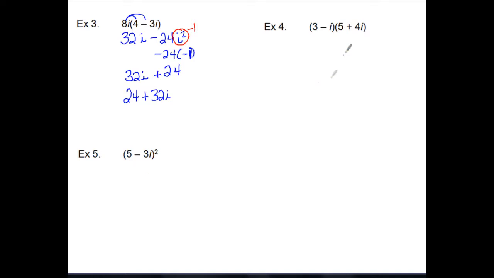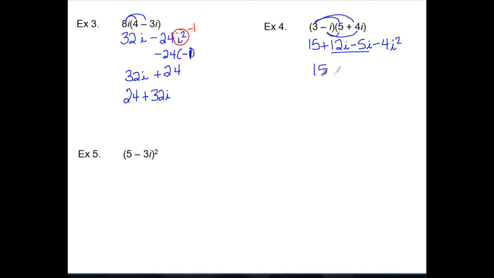Alright, moving on to number 4. We're going to multiply 3 minus i times 5 plus 4i. 3 times 5 is 15. 3 times 4i is plus 12i. There's -5i, and there's -4i squared. So in here I see a couple of things I can do. I can combine like terms.